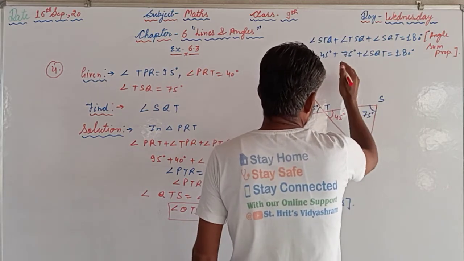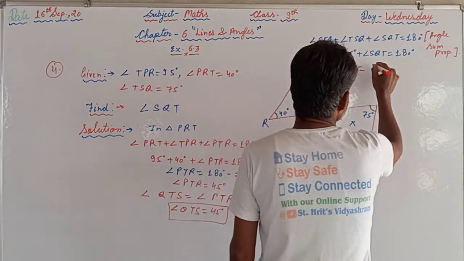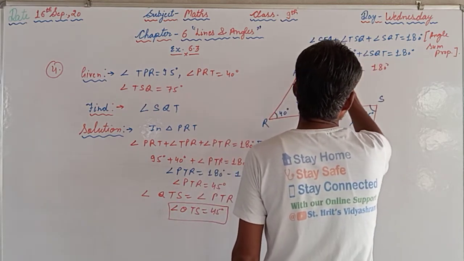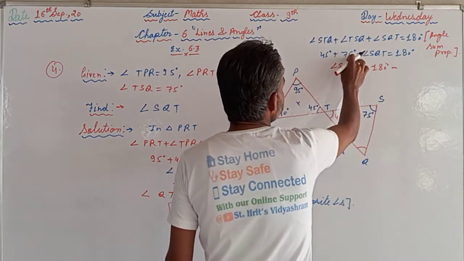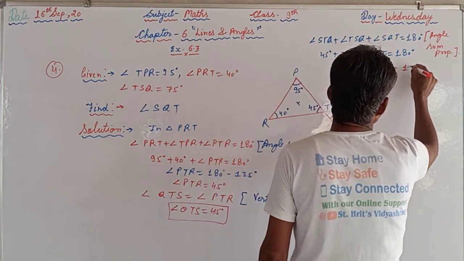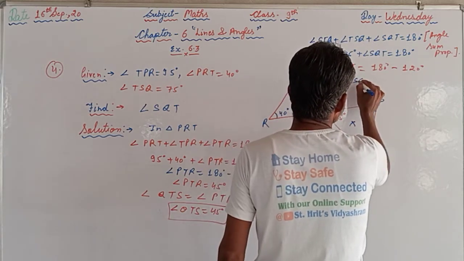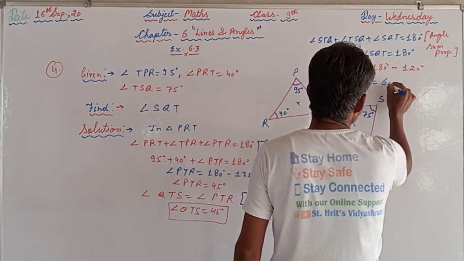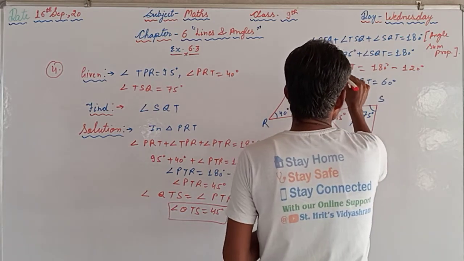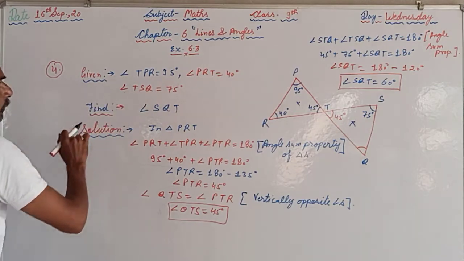So angle SQT will be equals to 180 degree minus, and 75 plus 45 is 120 degree, and from here we get angle SQT is equals to 60 degrees, that is the answer we have to find out.